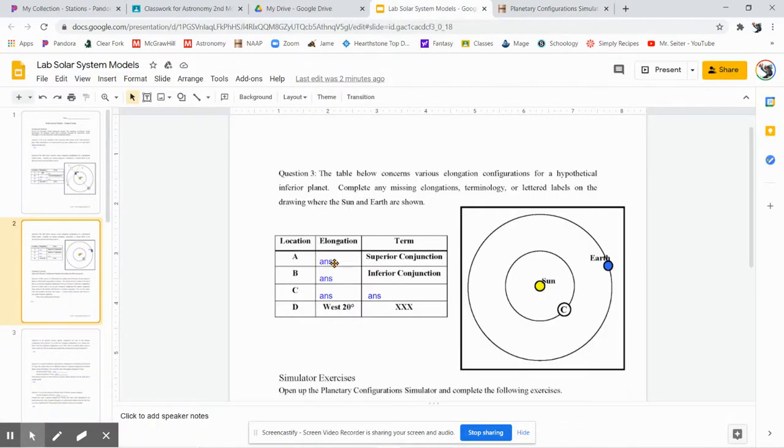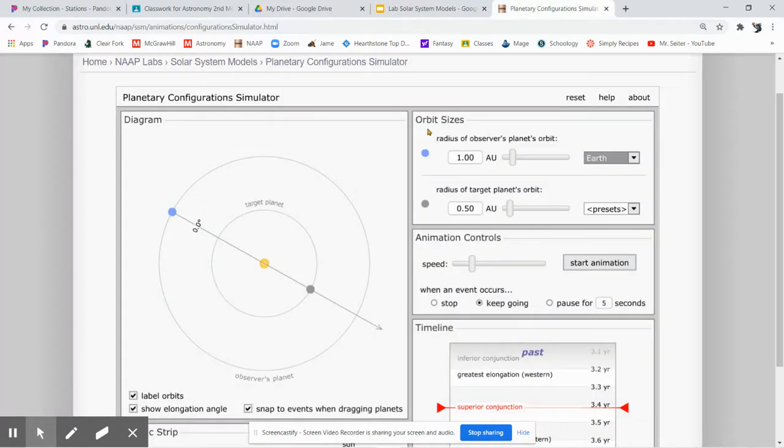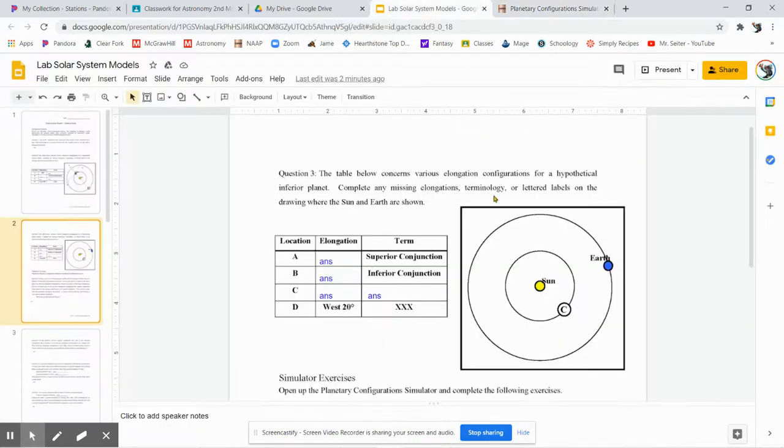All right. Elongation, superior conjunction. Well, I think we're already at superior conjunction, and we are. So 0 degrees, 0 degrees, 0 degrees. Now, let's put in that line that shows us our 0. Close enough.